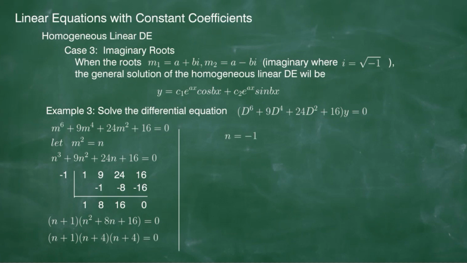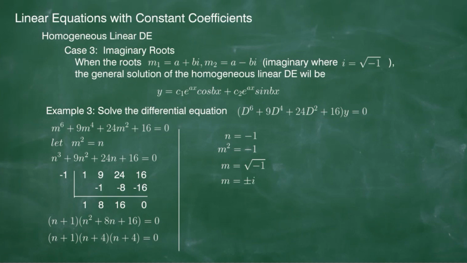First factor, n plus 1 equals 0, that means n is equal to negative 1. Because n is m squared, m squared is negative 1, or m is the square root of negative 1, which is plus or minus i.